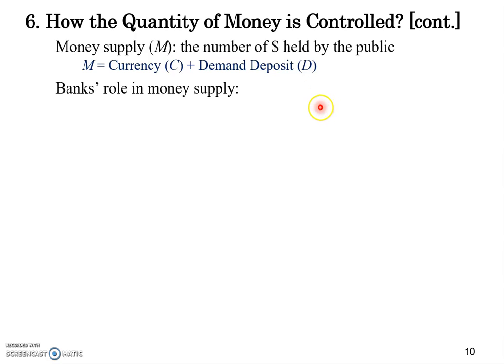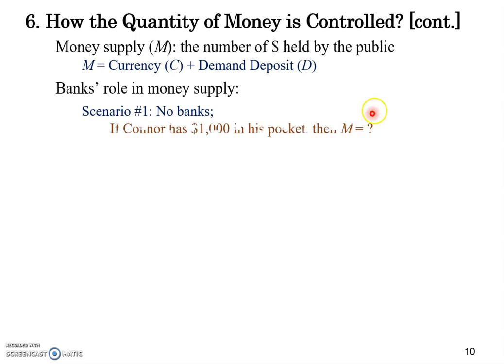Now, let's take a look at the role banks play in money supply. We're going to check out 3 different scenarios. The first one is there's no banks at all in the economy. Suppose Connor has $1,000 in his pocket, then the money supply is just going to be $1,000.